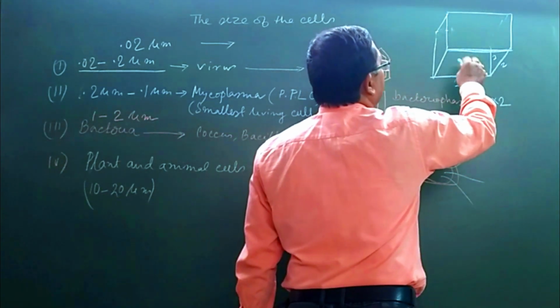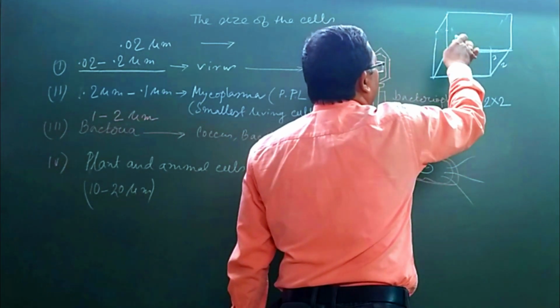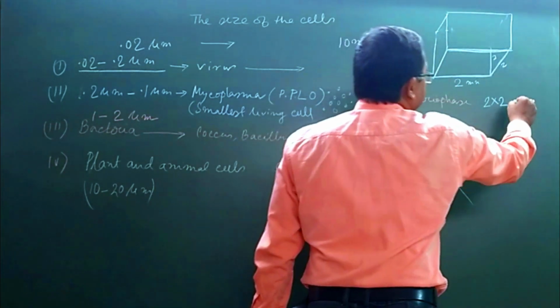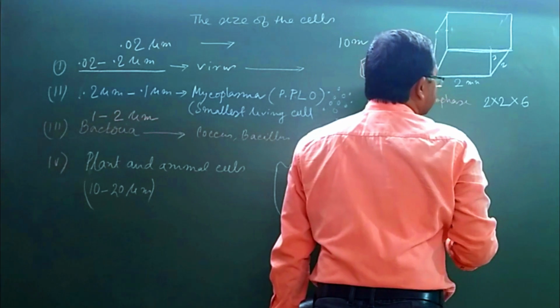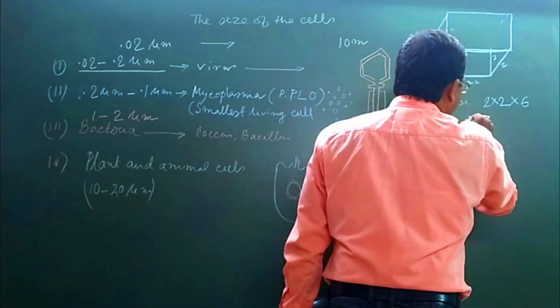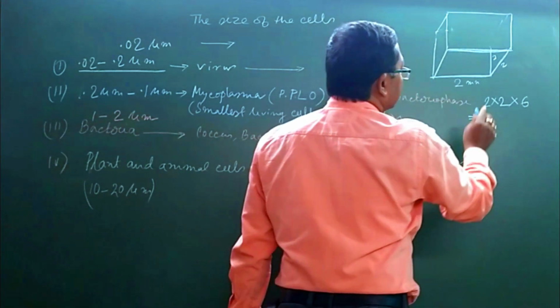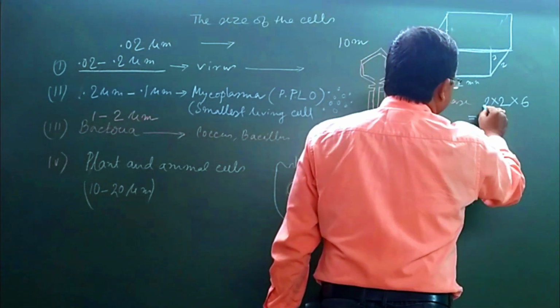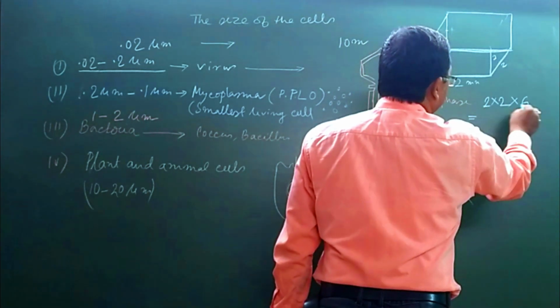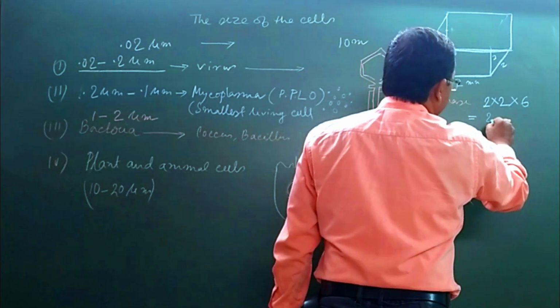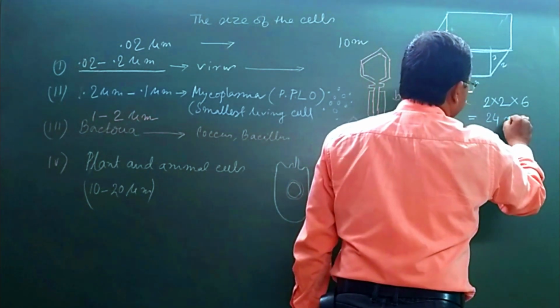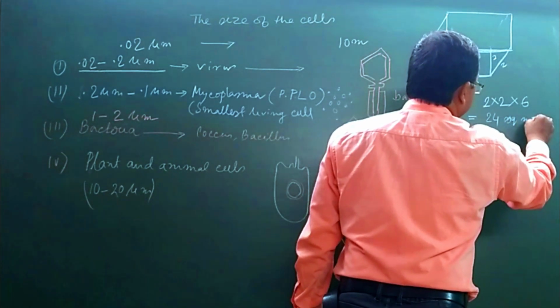Since it contains 6 faces, it is multiplied by 6. The surface area will be 2 into 2 into 6, 24 square millimeter.